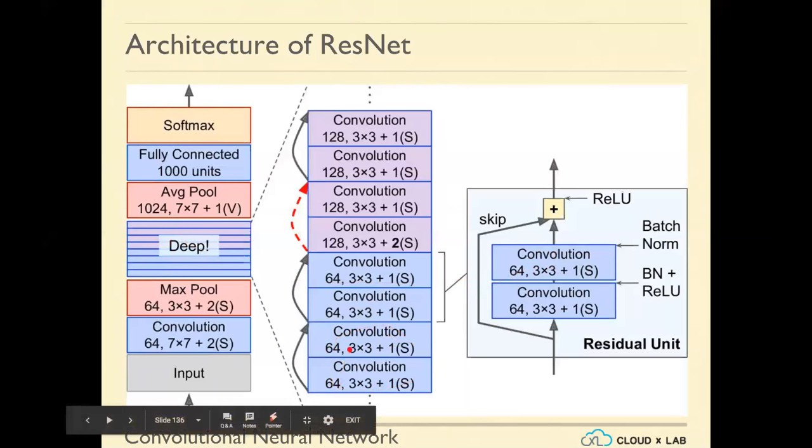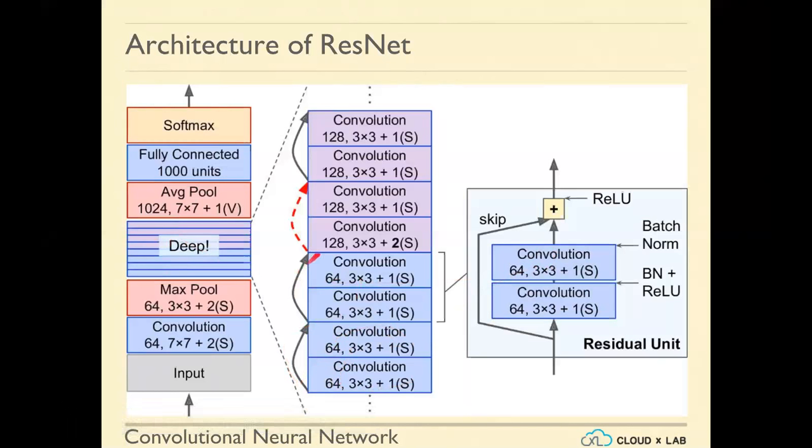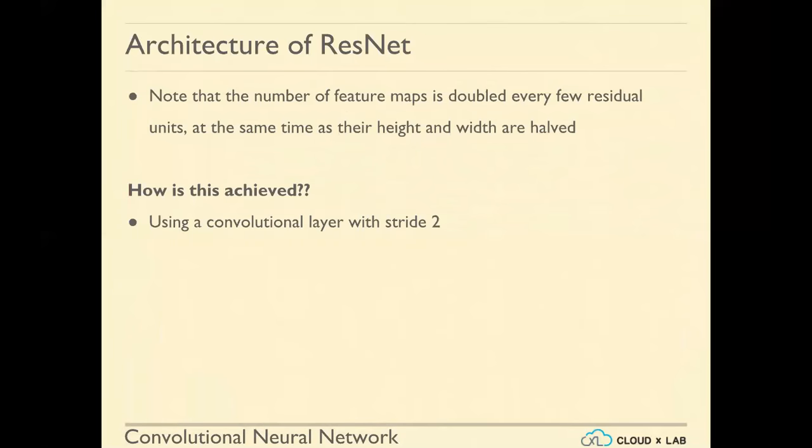So convolution, convolution, and then skip; convolution, convolution, and then skip, and so on. That's what this one contains. So the ResNet is essentially a huge deep network of residual units.